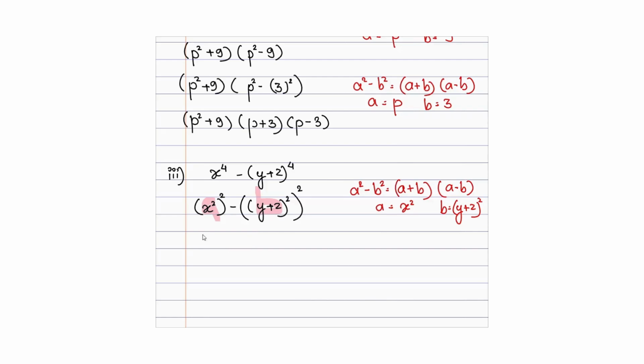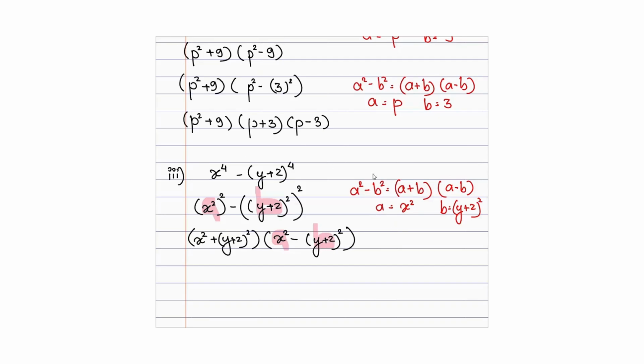So a plus b will be x square plus (y plus z), the whole square of it. Now a minus b will be a, that is x square, minus b, that is (y plus z), the whole square of it. Again, if we compare it, this will be my a and this will be my b, right?